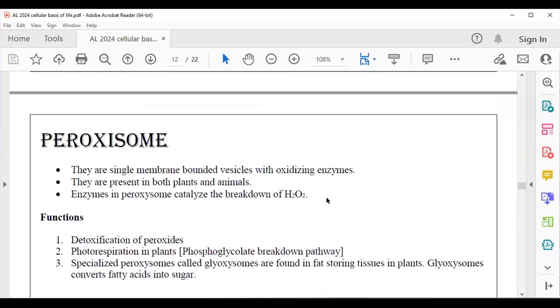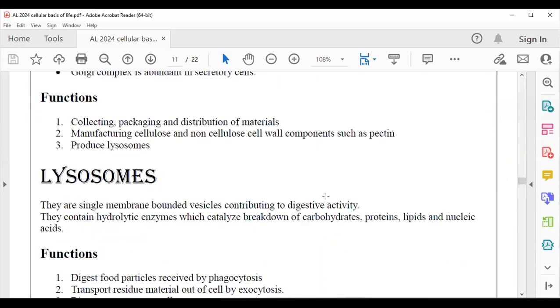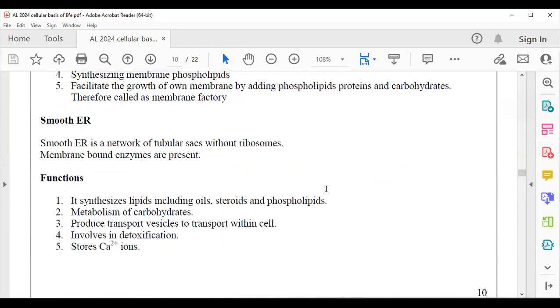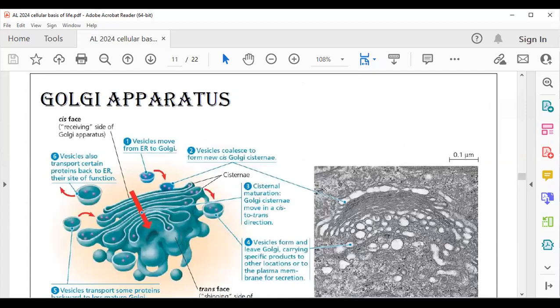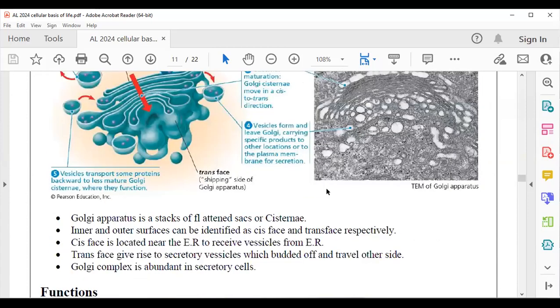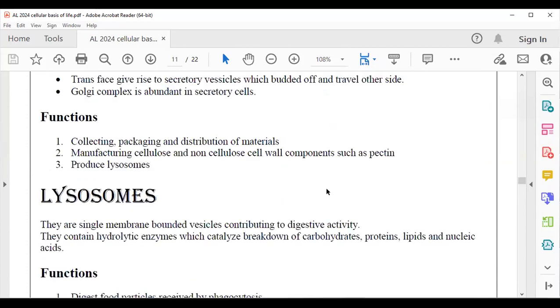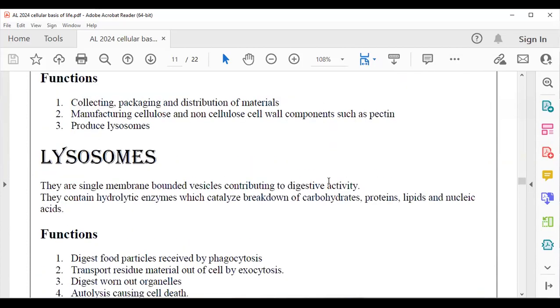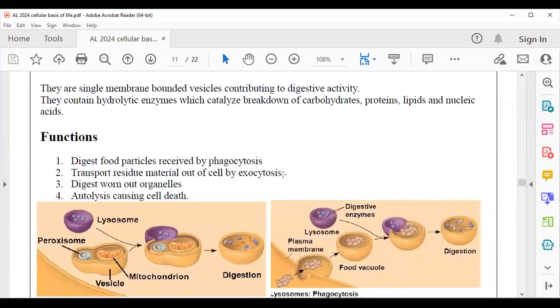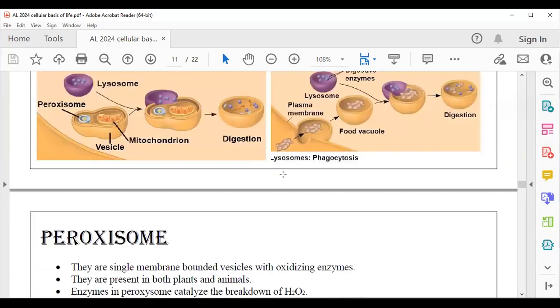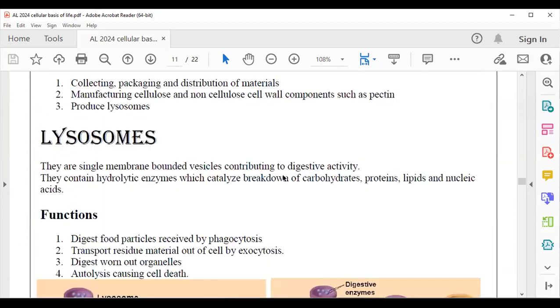So how far have we worked on this lesson? The endoplasmic reticulum is over. Lysosome, done.